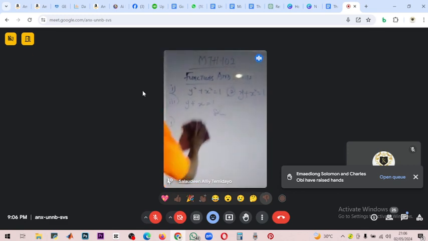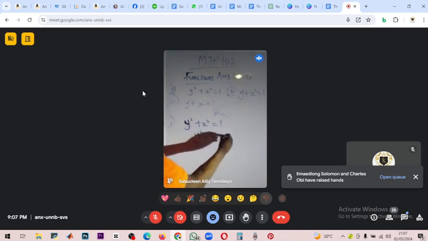Again, for those of you that haven't gotten it, I'm explaining example 1 again. y squared plus x squared equals 1. Now tell me, is y a function of x or not? Make y the subject. We have y squared equals 1 minus x squared. The next thing is to take the square root of both sides.